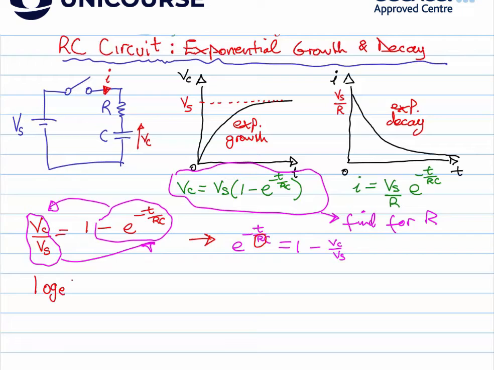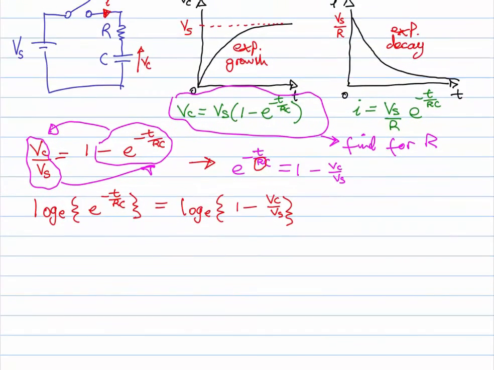So log e of e to the minus t over RC equals log e of 1 minus Vc over Vs. Now, when you take the log e of e to the something, the answer is the something itself.